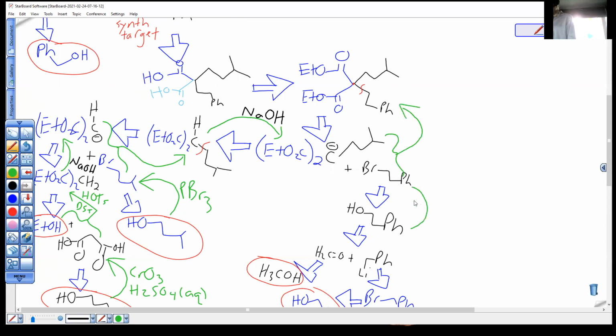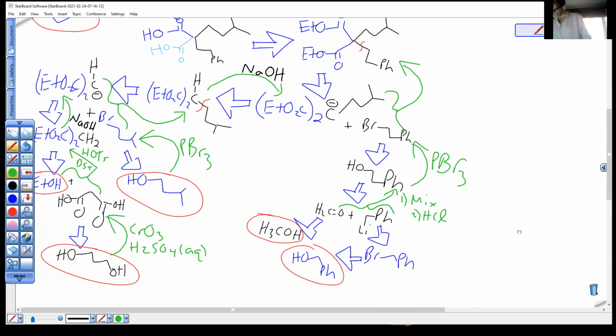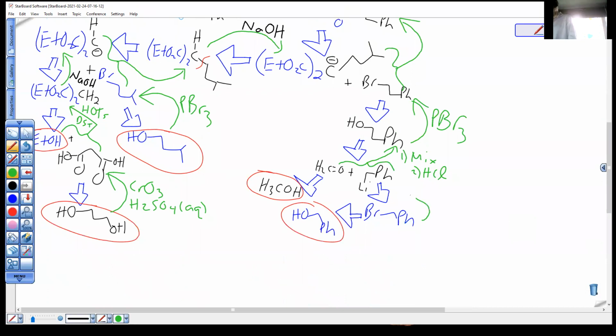Where'd that come from? PBr3 of the alcohol below. These two, you got to show me, this is not a simple mixing operation. Step 1 is mix. Step 2 is to put the proton on with HCl. How do we make alkyl bromides into organolithiums?